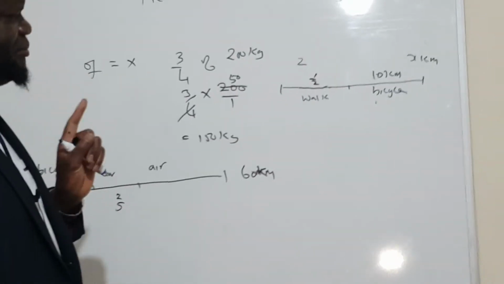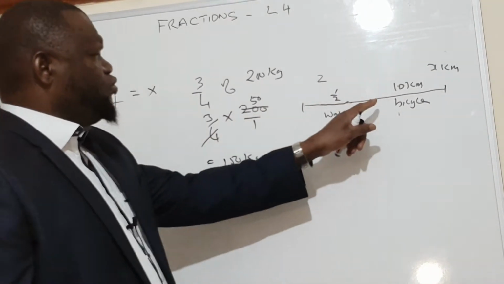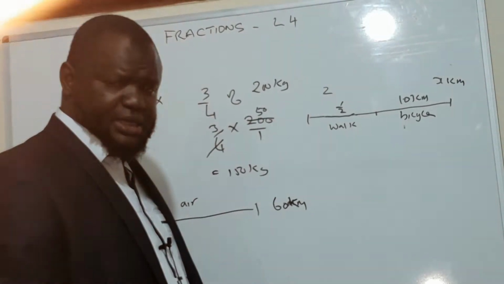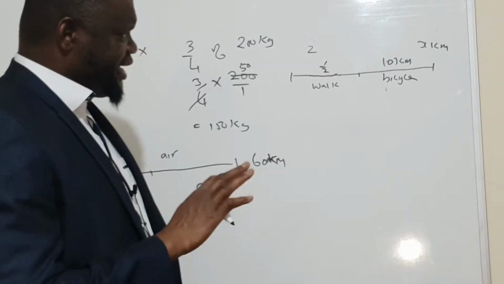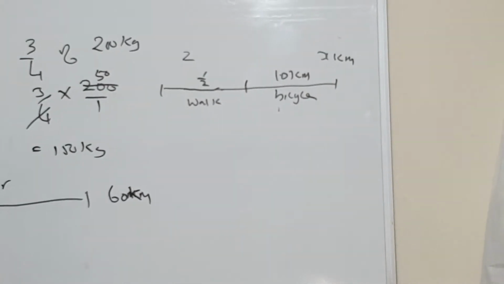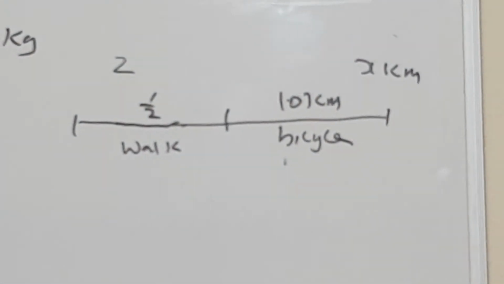Now simply we can see, if half is 10 kilometers, what will be the other half? 10 kilometers, isn't it? But I make it simple like that so that you can understand. So then the whole journey will be how much? 20 kilometers, isn't it?